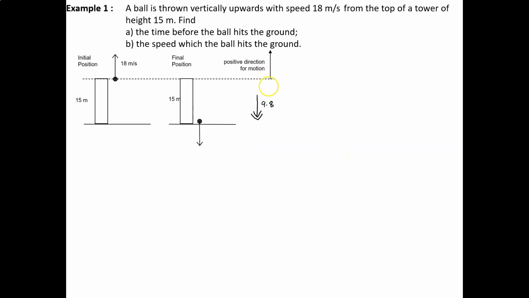We've got 9.8 acceleration due to gravity pulling down, but it's important that we decide which is our positive direction. Being as it's being thrown up, we're going to take the positive direction to be up. So anything pointing downwards is going to have a negative value.